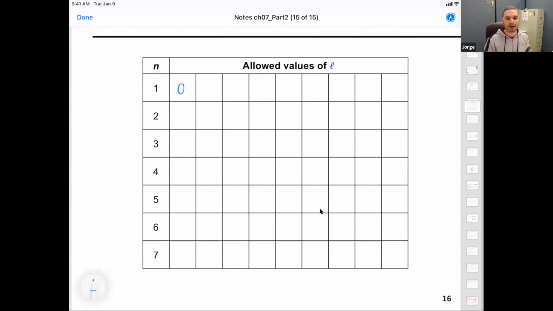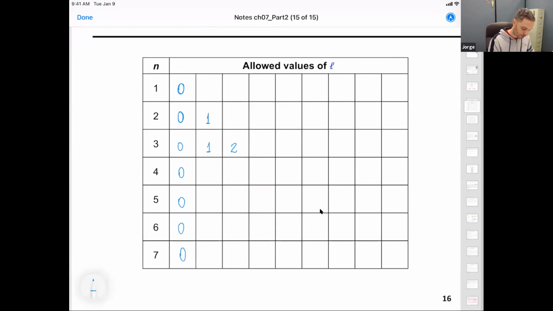For n equals 2, we can have 0 and 1, and that's the max. Everybody will have 0, because that's where things start. For n equals 3, we start from 0, and our max is n minus 1, which is 2.